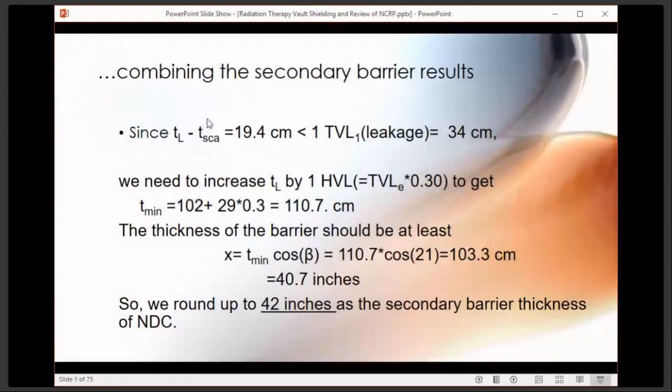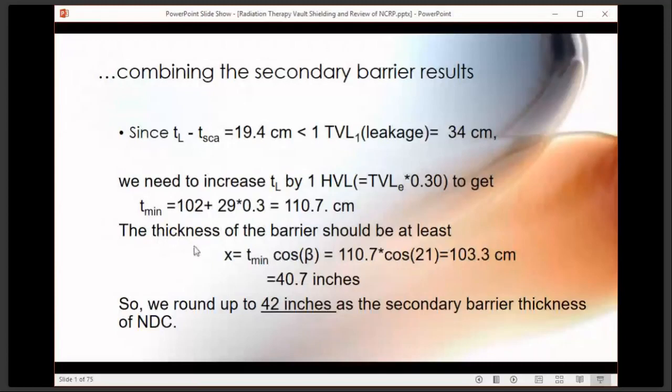So we take the 102 required for leakage and add another half value layer to it, and we end up with 110.7 centimeters instead of 102. We've increased because we have a significant amount of scatter radiation coming to that location.